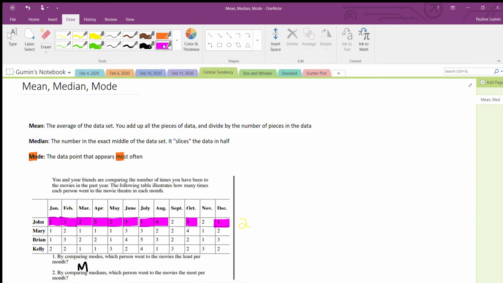Let's do the same thing with Mary. Looks like Mary's median is also 2.